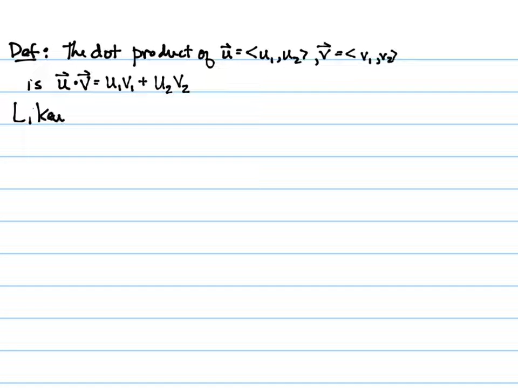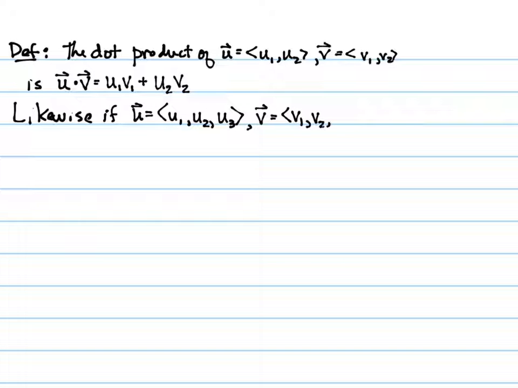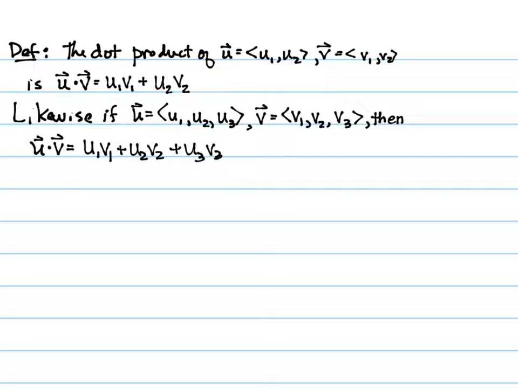So likewise, if u is u1, u2, u3, and v is v1, v2, v3, then the dot product of u with v is u1 v1 plus u2 v2 plus u3 v3. As expected.